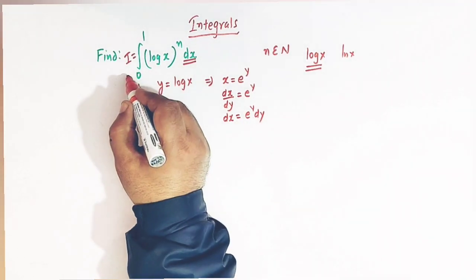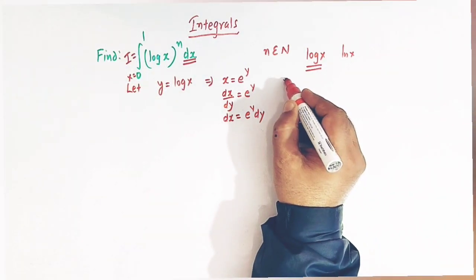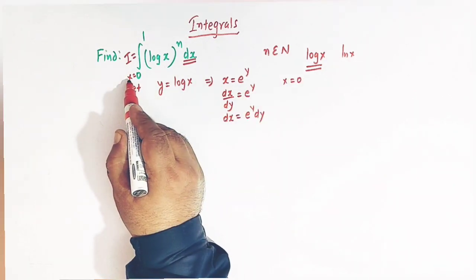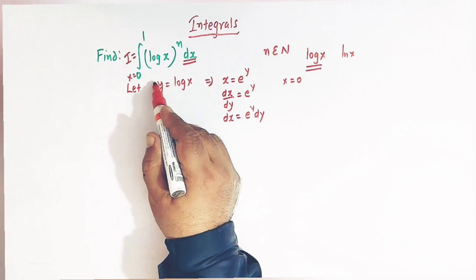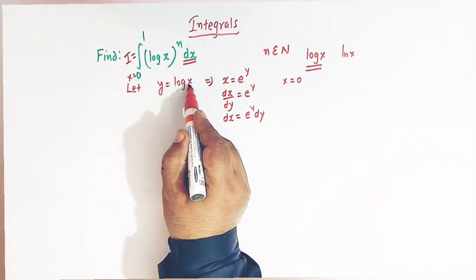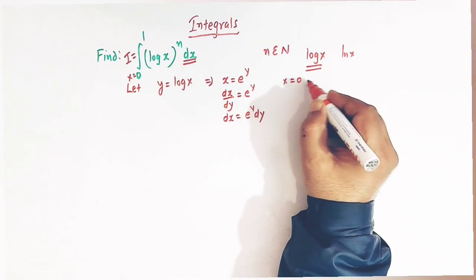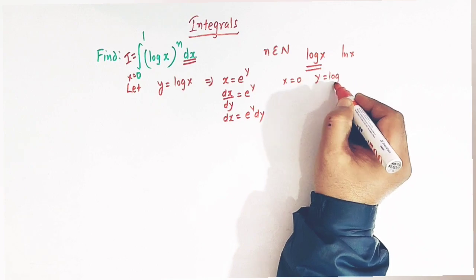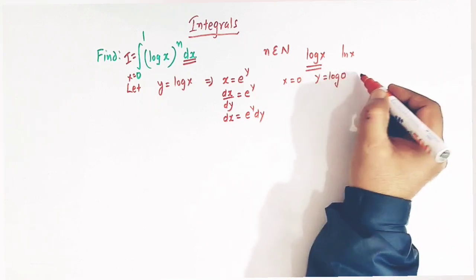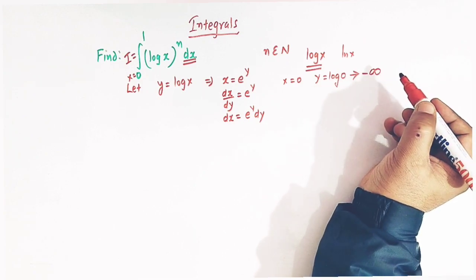Now here the limits vary from 0 to 1, right? So when we have the lower limit as x is equal to 0, then the value of y can be obtained by taking x is equal to 0 in this relation. So when x is equal to 0, then y is equal to log of 0, and log of 0 tends to minus infinity, right?